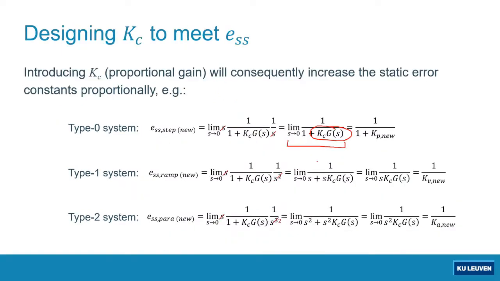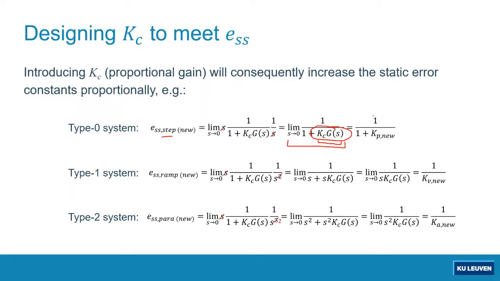But now my Kc is any arbitrary number after I tune the proportional gain. Therefore, my steady state error because of the step input will be equal to limit s to 0 of 1 over 1 plus the open loop transfer function Kc times G(s).